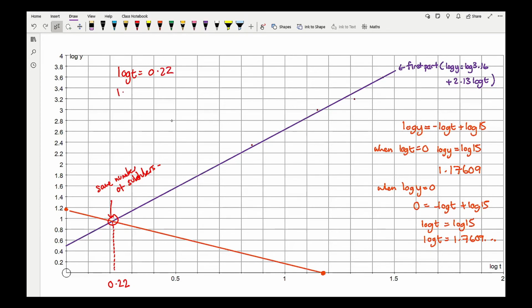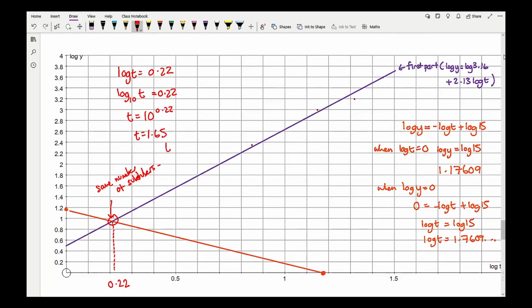Using the same base, log base 10 of t equals 0.22, so t equals 10 to the power of 0.22. If I type that in, 10 to the power of 0.22, I get an answer of around 1.65.